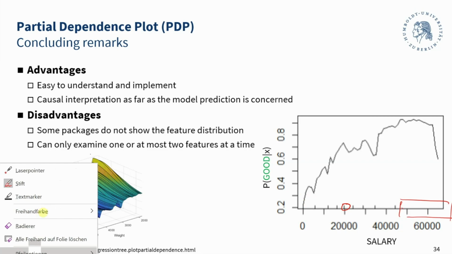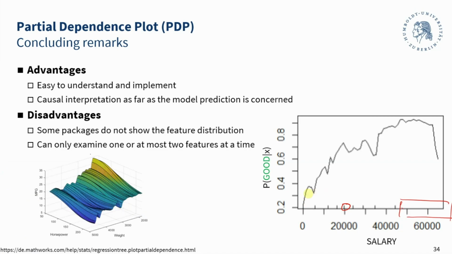But overall, we do see some linear, maybe slightly decreasing tendency here. So more salary is good, or associated with higher probabilities of customers being good risks.